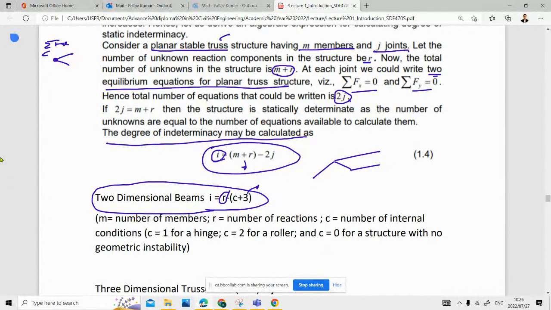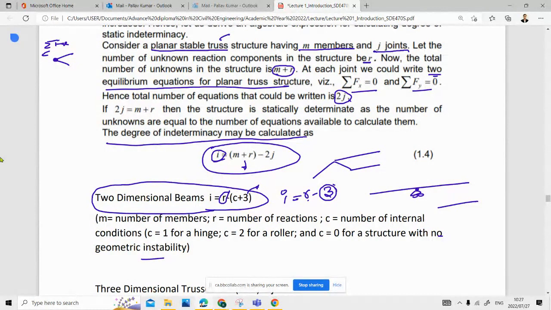C will be 0 if the structure has no geometrical instability, like if it is a plane and you don't have any hinge or roller in between. So you have a plane, so this C becomes 0, that is R minus 3. So R minus 3, if you take it as general, R is the number of unknown reactions, and 3 is the available equations.